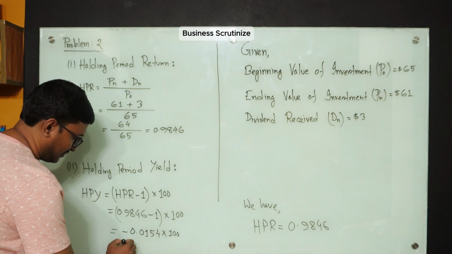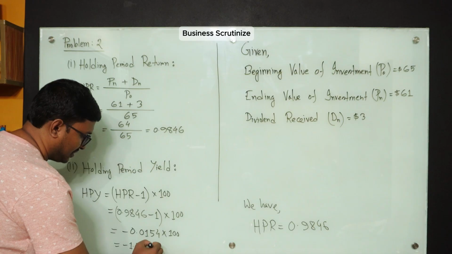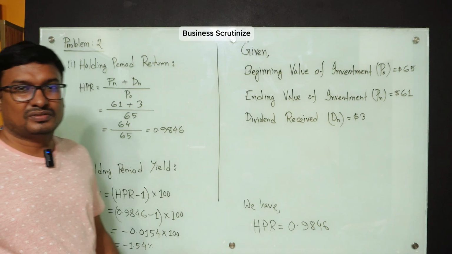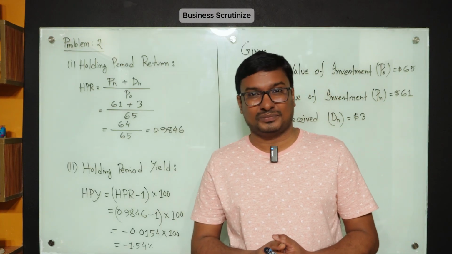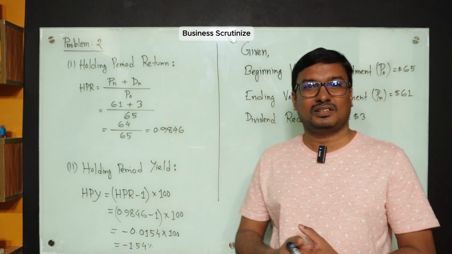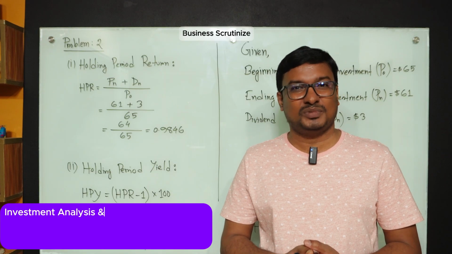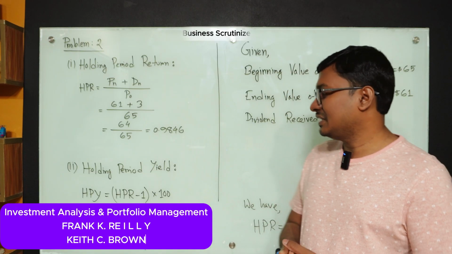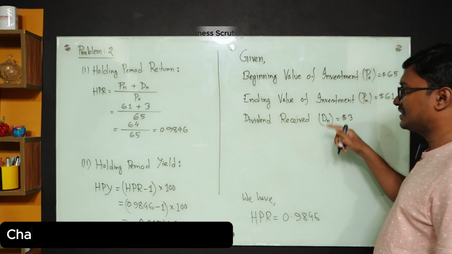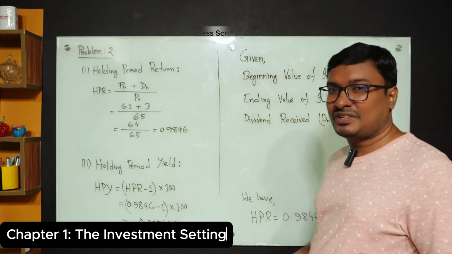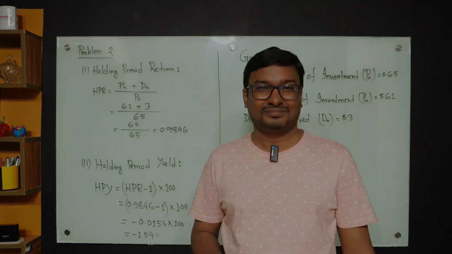It means minus 1.54%. So minus 1.54% means that it is a negative return. Considering the beginning value, the ending value, and the dividend received during the period, we have a negative return. In this way we can compute this kind of problem very easily.